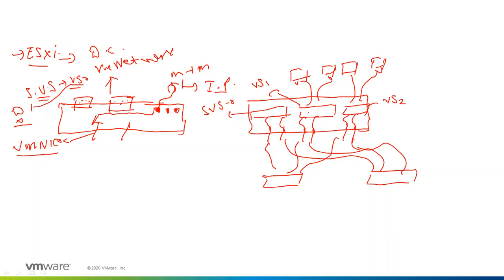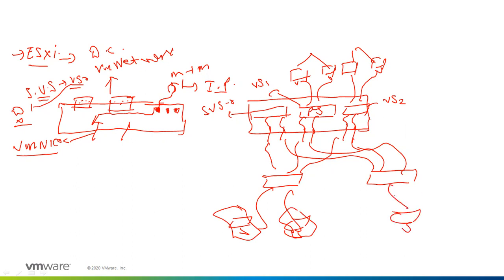Any virtual machine in a port group can talk here, but they cannot talk to other port group machines, or to VMs hosted on another ESXi host, or to any physical world applications like a physical server, or somebody from outside trying to reach your VM. That's not possible until your physical NIC is mapped to the physical switches.